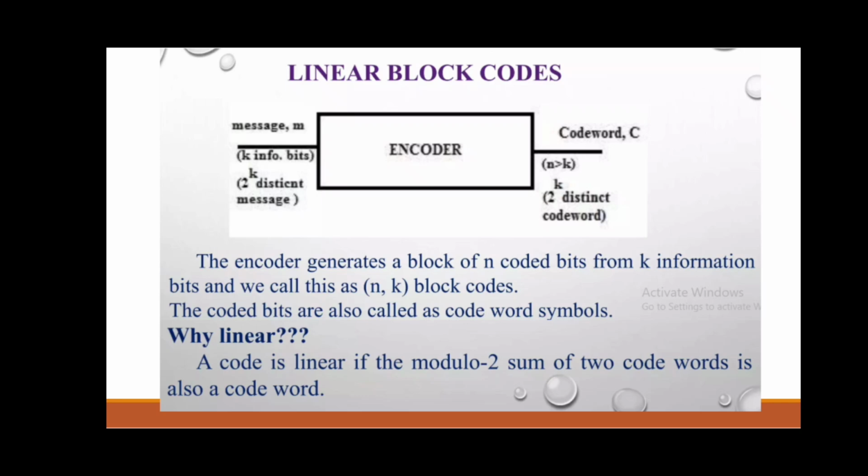Next is why these block codes are called linear block codes. A code is linear if the modulo-2 sum of two code words is also a code word. That is, if we have two distinct code words and we just XOR them, then we get a code word that is also a valid code word.